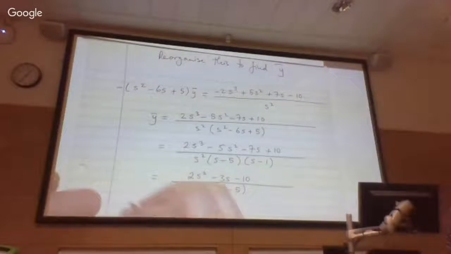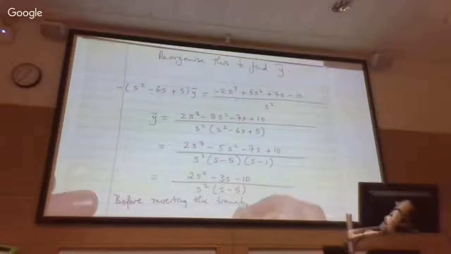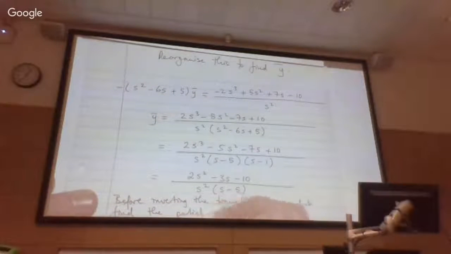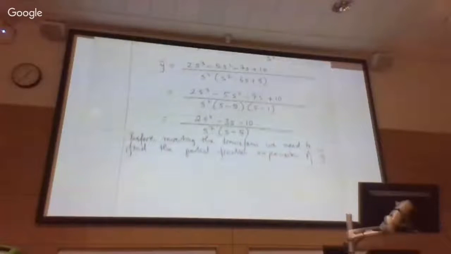So before inverting the transform, we need to find a partial fraction expansion of that function.